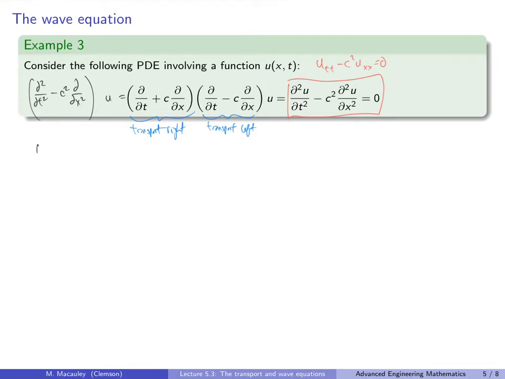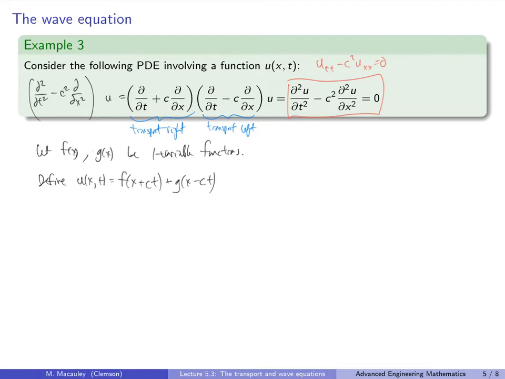So I'm going to now define f of x and g of x to be one-variable functions. And I'm now going to define u of x, t to be f of x plus ct plus g of x minus ct.